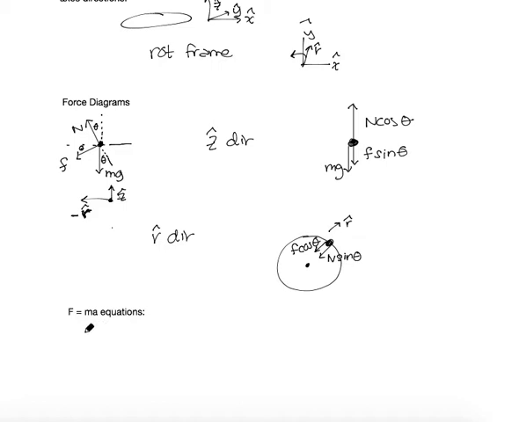F equals ma equations. In z hat, we have f net equals ma z hat: n cosine theta minus mg, minus f sine theta.